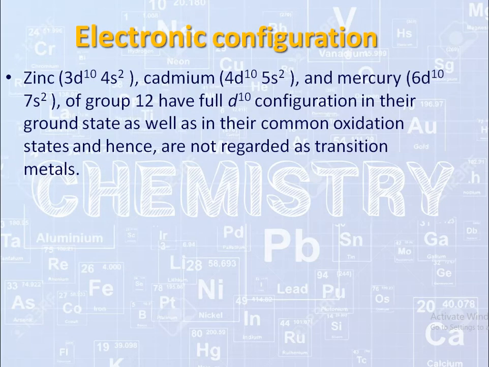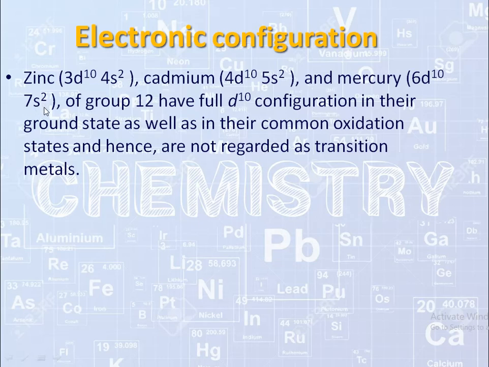Zinc, cadmium and mercury of group 12 have a full d10 configuration in their ground state as well as in their common oxidation state. As you see, in zinc the electronic configuration is 3d10 4s2. For cadmium, it is 4d10 5s2, and for mercury, it is 5d10 6s2.